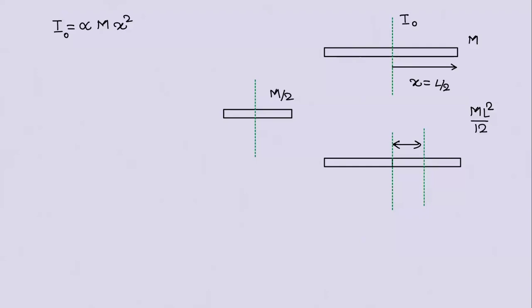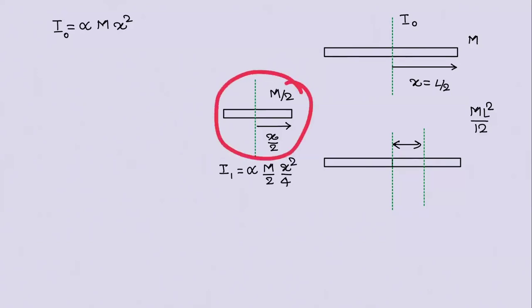Mass is m by 2. This distance is X by 2, yes or no? The moment of inertia about its own center, let us call this I1, is alpha times m by 2 times X by 2 whole square, X square by 4. That's the moment of inertia of this half rod.